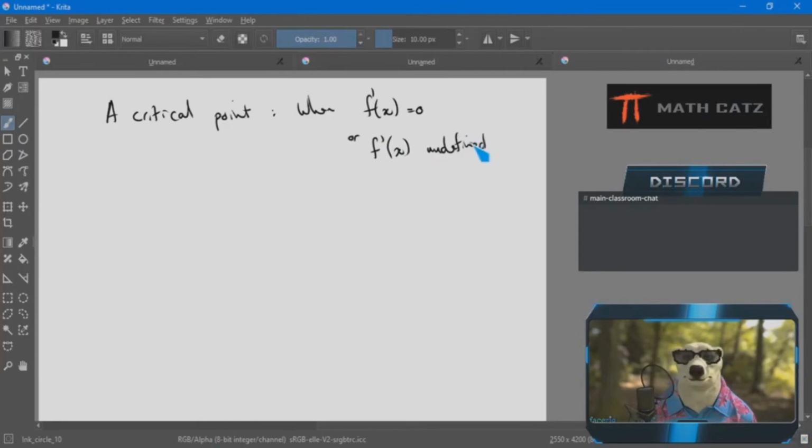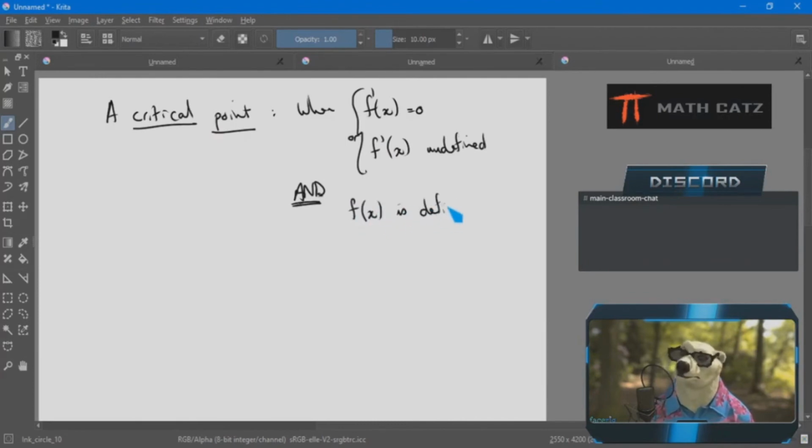So those two situations could give me a critical point. And I always check those two. And, capital AND, I have to have a point. It's critical, it's important for my table out of these two checks. And it has to be a point, meaning my function is defined there. There has to be a point there.